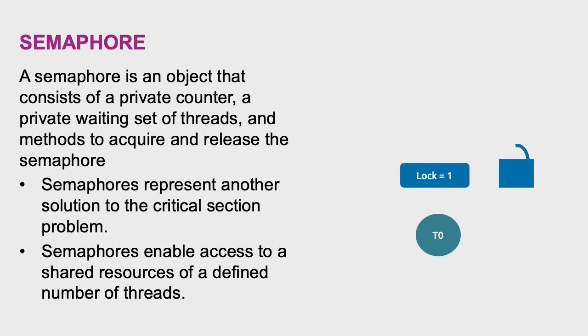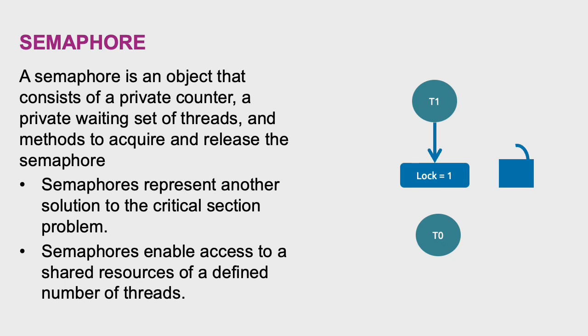The thread T0 checks the lock and asks to access it. And as we can see now, the thread has entered the critical section. And the lock is 1. It is still open. As a consequence, when thread T1 approaches the critical section and checks the lock, it obtains a simple result.